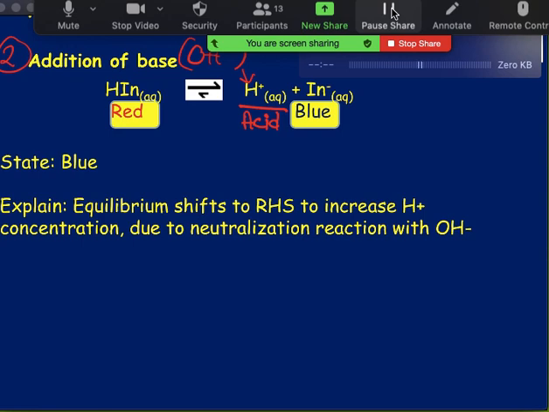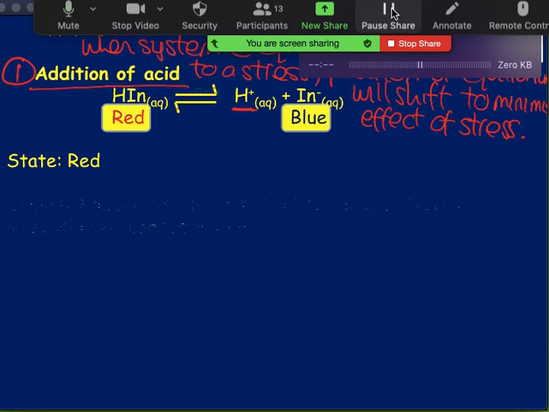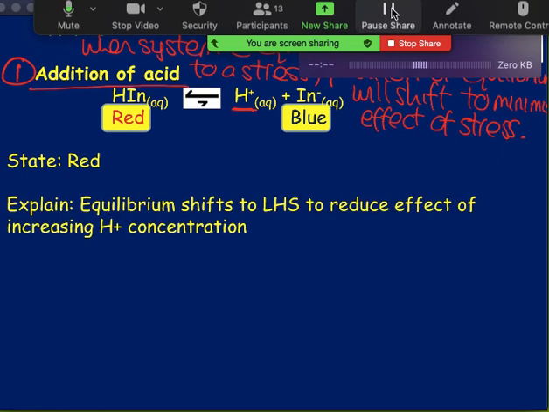Okay. Thanks. But then when you add the acid, does it join onto the HIn on the left, or does it join onto In-? So when you add the acid, you are adding acid to the right-hand side. That is this here. When you add acid, you're adding it in here.